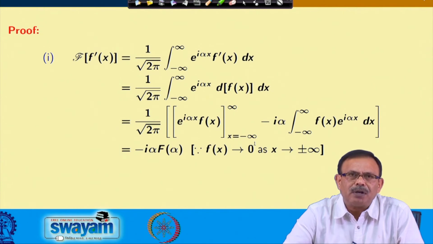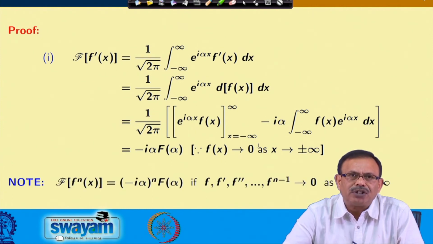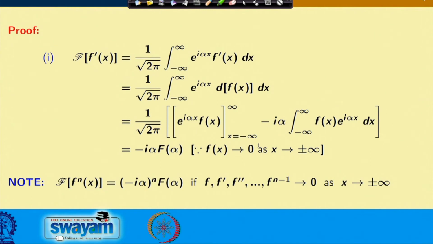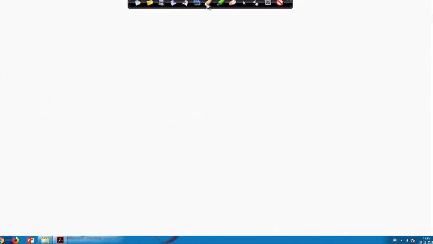Therefore, this completes the proof that the Fourier transform of f'(x) equals minus i alpha into F(alpha). And in the same way, we can prove that the Fourier transform of f^(n)(x) equals (minus i alpha) to the power n into F(alpha), whenever f', f'', up to f^(n-1)(x) approach 0 as x approaches plus or minus infinity. Now, let us see the second one. Second one, the Fourier sine transform of f'(x).